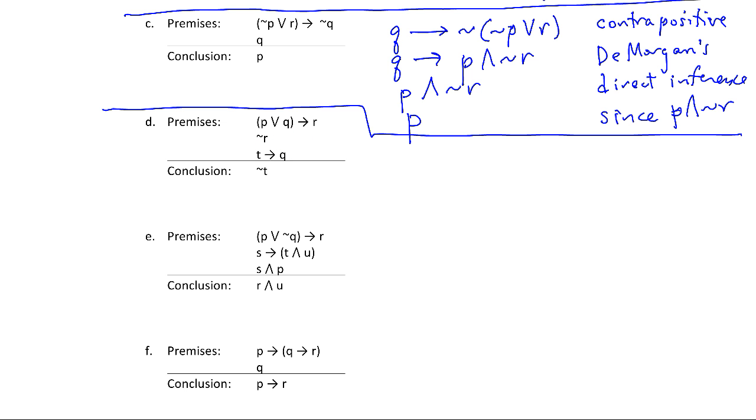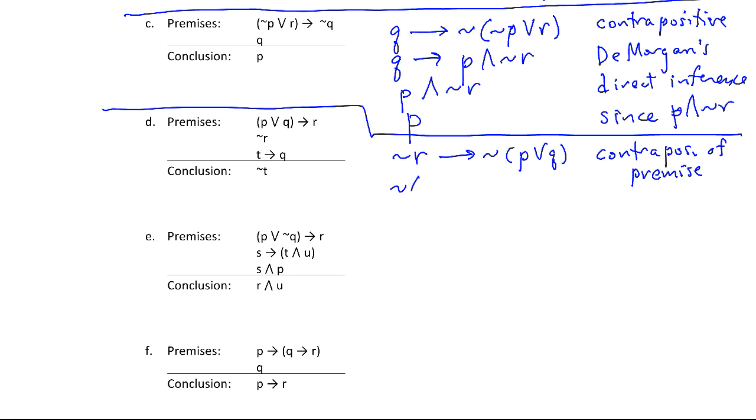So I can see my way through it. I'm going to write not R implies not P or Q due to contrapositive of a premise. And then I'm going to conclude that not the case P or Q, due to direct inference.